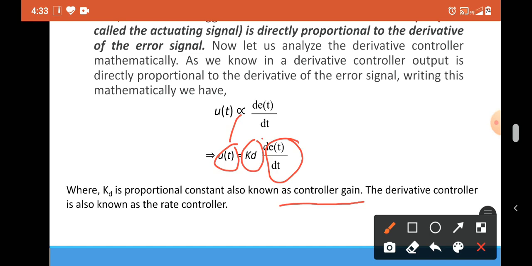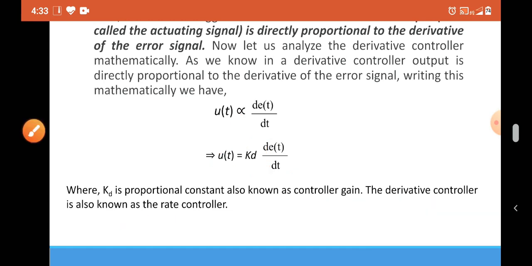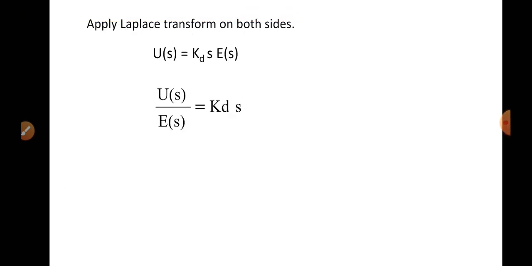The derivative controller is also called the rate controller. Remember that, it is also called a rate controller. Now let us apply the Laplace transform on both sides.